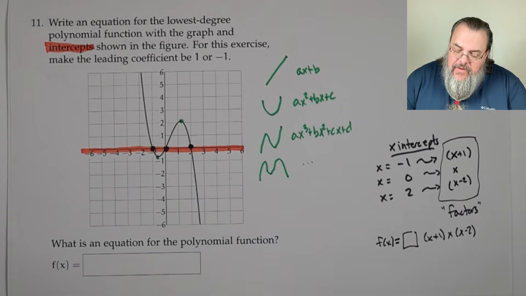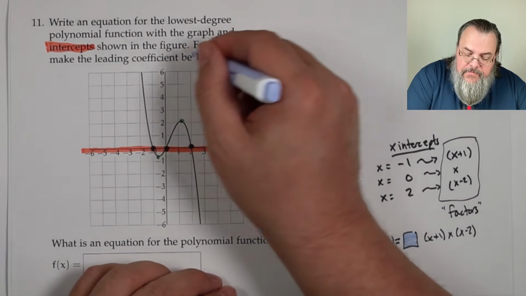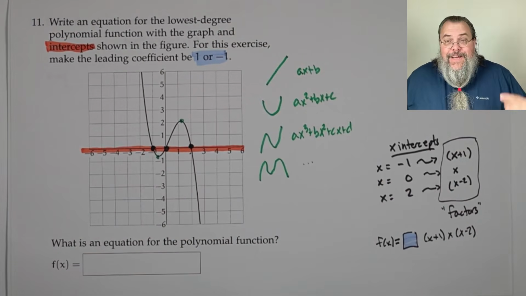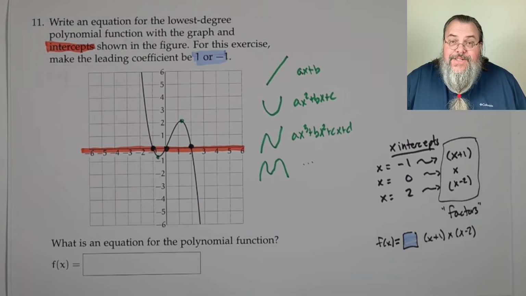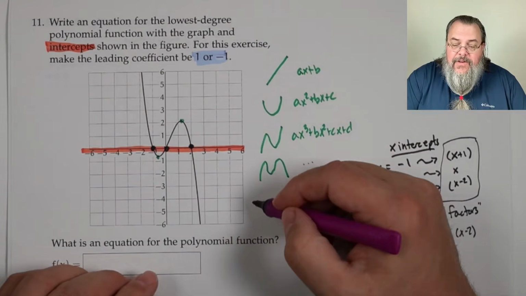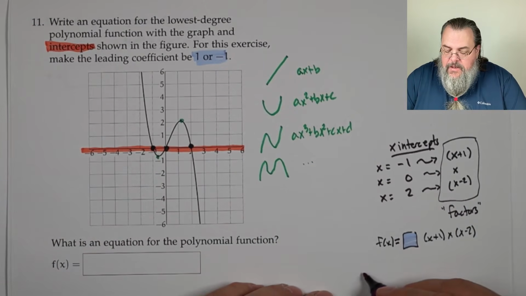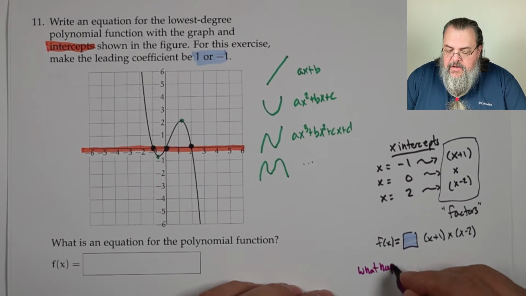And the box here is for the leading coefficient, 1 or negative 1. How do you answer that? And the answer is actually surprisingly simple. You look and you say, what's happening on the right? So what happens on the right? We'll make a note here.